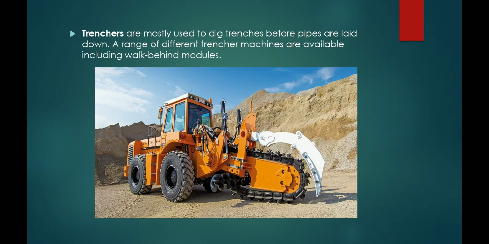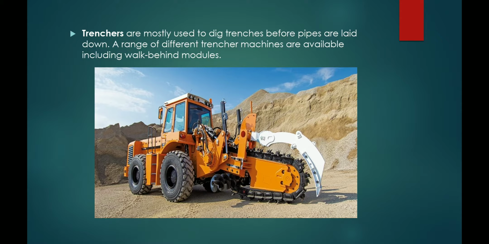Trenchers. Trenchers are mostly used to dig trenches before pipes are laid down. A range of different trencher machines are available, including walk behind modules, and smaller size trenchers or heavier equipment could be used for a trench. The type of equipment that you use all depends on how firm the ground is.